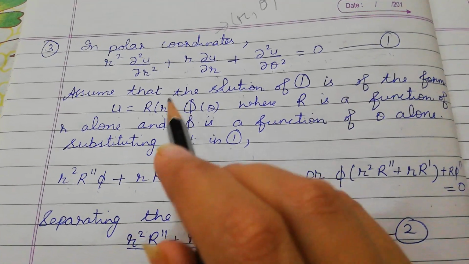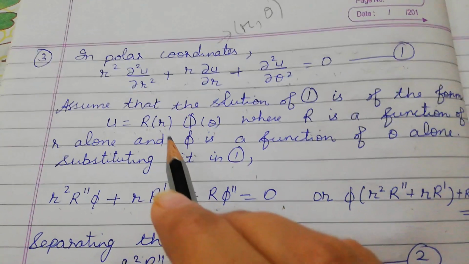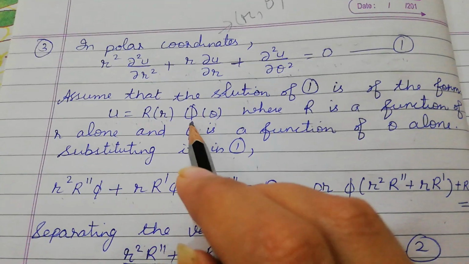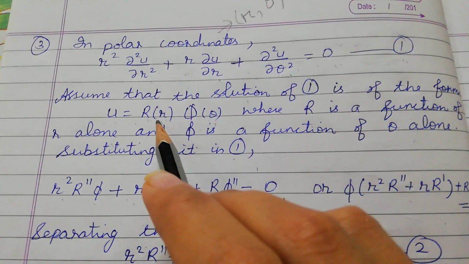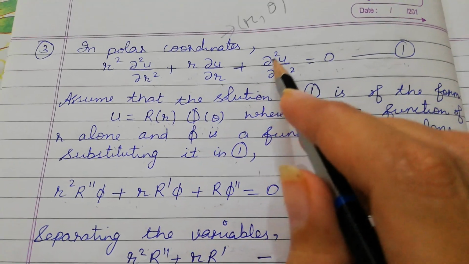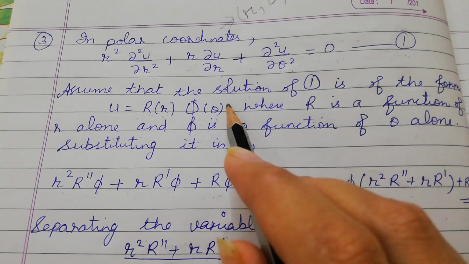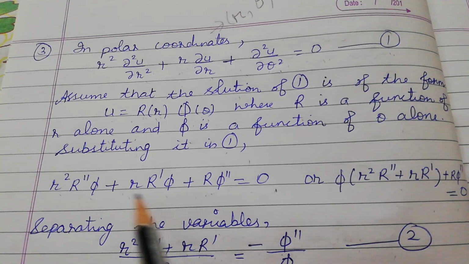Now, substituting this in our equation number 1, we have to find the value of ∂²u/∂r². From here it will be R double dash into phi. ∂u/∂r will be R dash into phi. ∂²u/∂θ² will be R phi double dash. Right? So in this way we have written our equation.